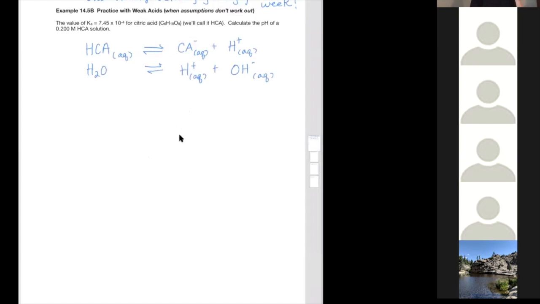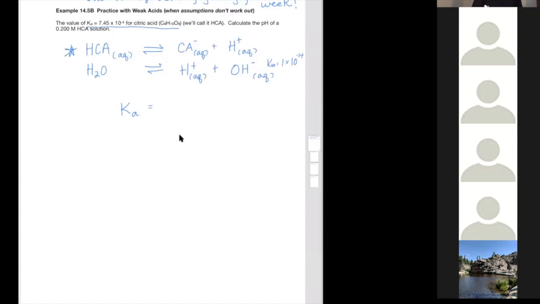But remember, the Kw is 1 × 10⁻14, so it's much less than the Ka value for citric acid. So just like you have been working, the citric acid here is going to be the major contributor to the pH in the equilibrium. So we're going to just use this equation and ignore the water part.